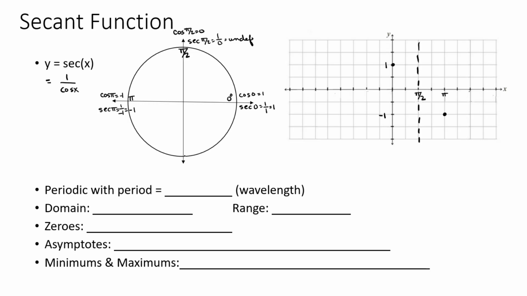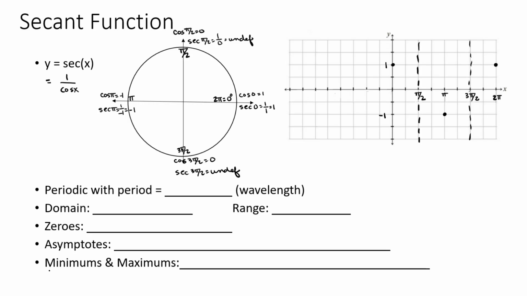And then down here at the bottom of the circle, at 3 pi halves, cosine, again, is 0, which means secant will be undefined. And I'll have another vertical asymptote. And then at 2 pi, I'll get back to 1.